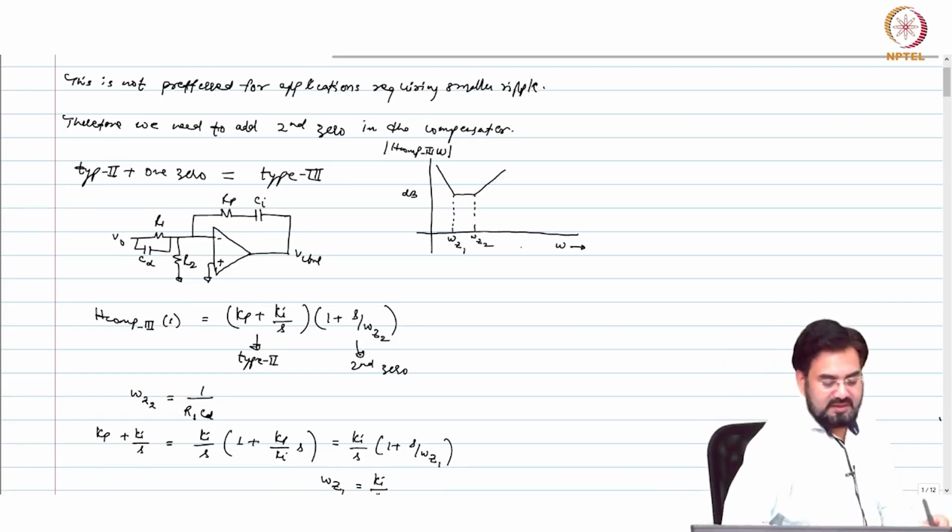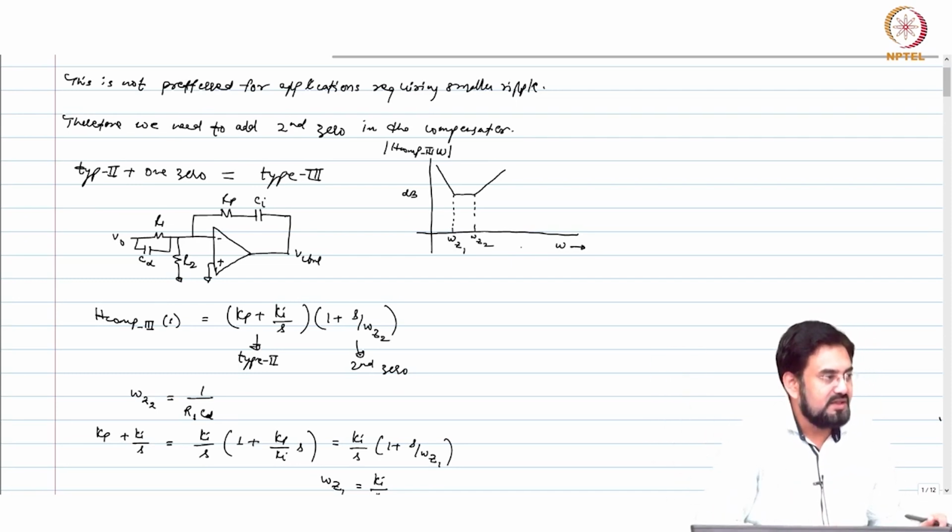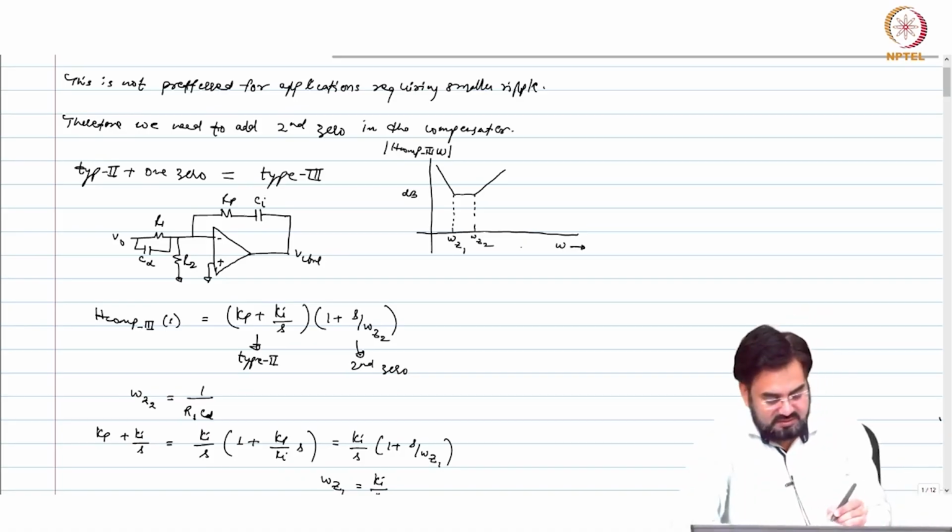Okay, and you don't have any pole here, so it will keep going unless you have a pole that will flatten it out. Okay, so we will add that pole later, but for simplicity for now we will consider only 2 zeros and one integrator.